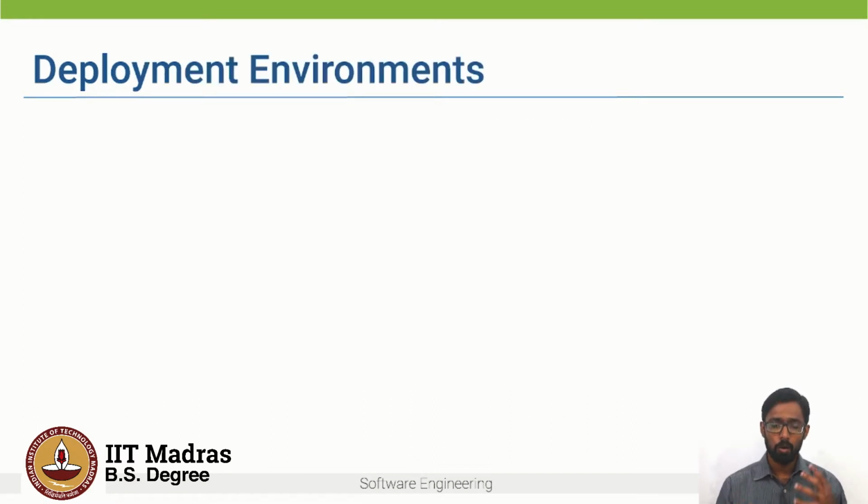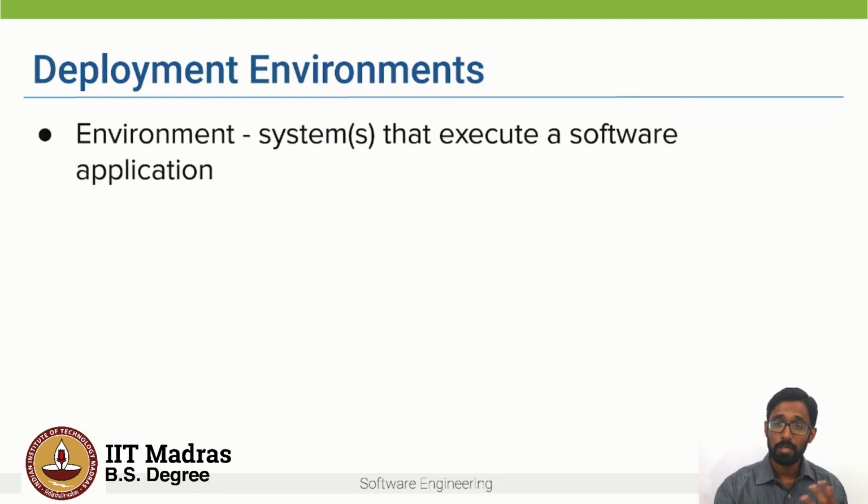Now how do we go about deploying our software system? Before we look at the different ways in which we can deploy our system, we need to understand that the software is executed in what is known as an environment. So what is an environment?